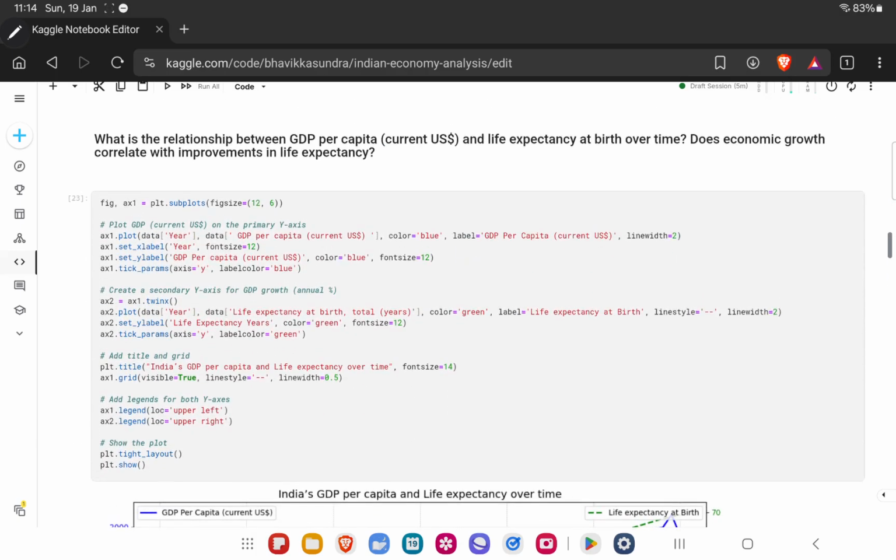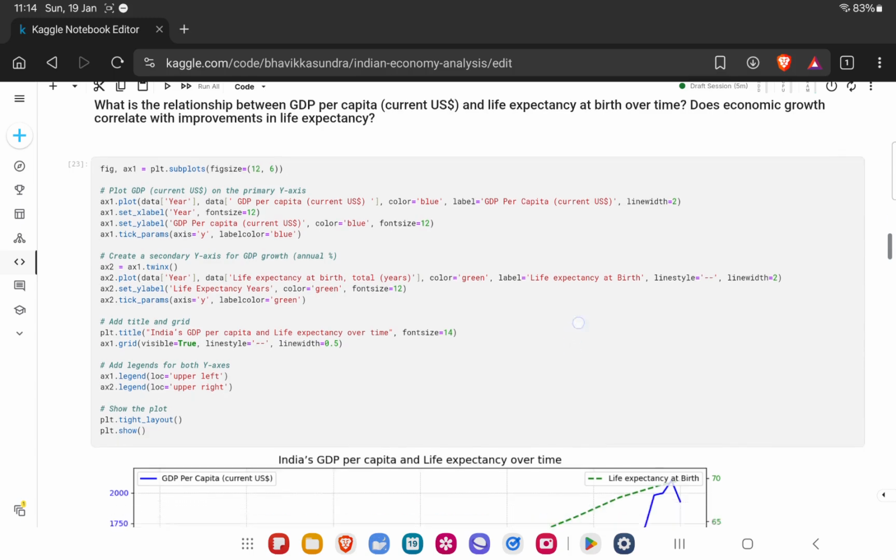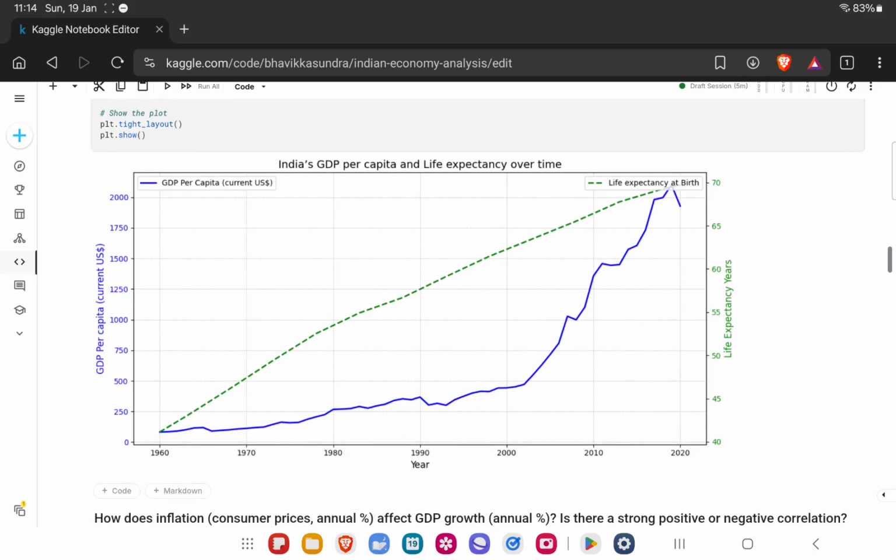We're going to cover the next question. What is the relationship between GDP per capita and life expectancy at birth over time? Does economic growth correlate with improvements in life expectancy? So here we want to see the relationship between economic growth and life expectancy. We see a steady increase of GDP over time, and life expectancy has increased linearly since the 1960s.